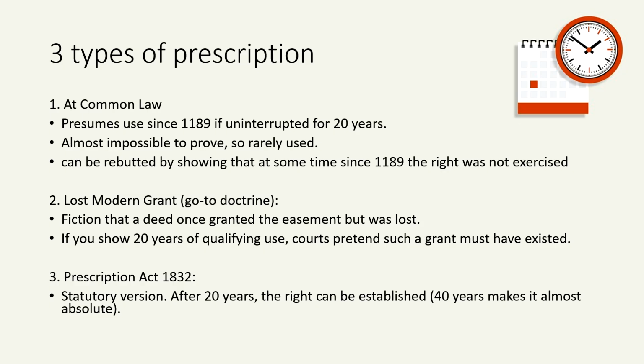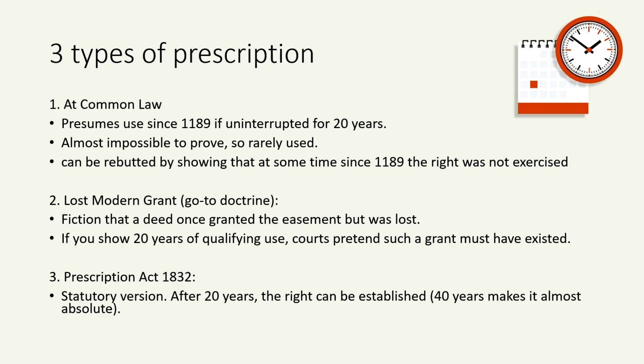Maybe at some point in time since 1189, all the land was being owned by the same person. So there's a lot of different ways you can rebut this presumption, and it's just almost impossible to prove.